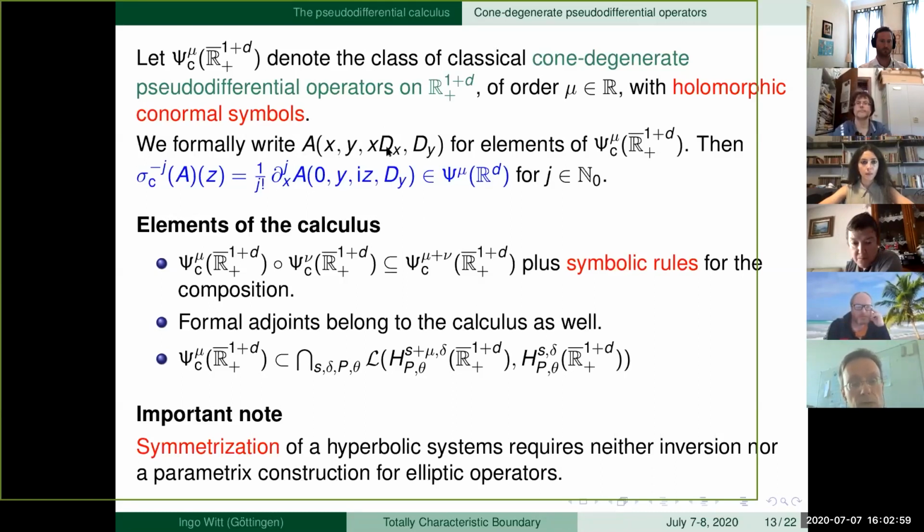If I write the operator formally in that way, and here I have this totally characteristic derivative, then I get the conormal symbols here, basically to any negative order, just by doing Taylor expansion at x equals 0. And then it depends on that complex parameter z.